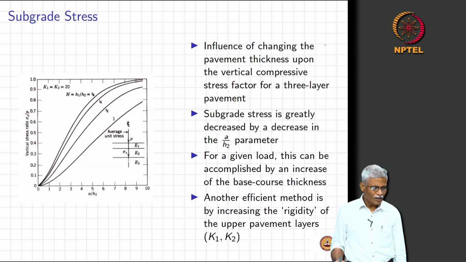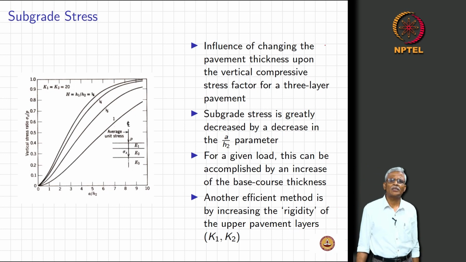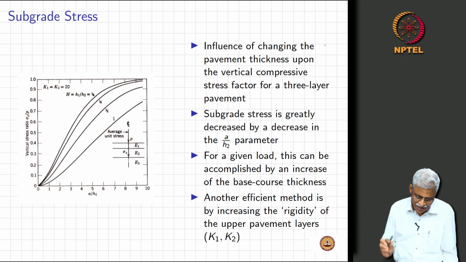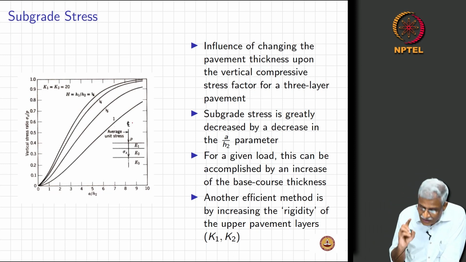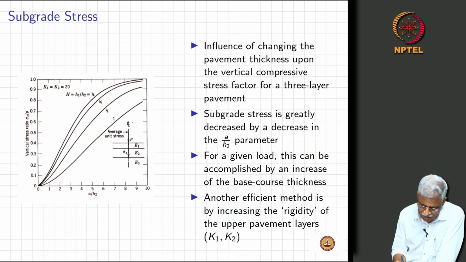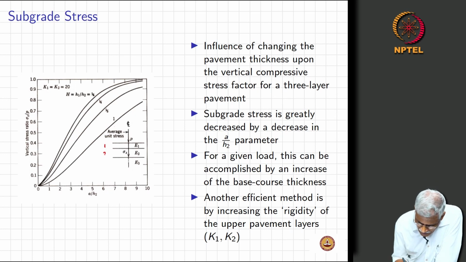Right. So let us first start talking about subgrade stress. What exactly is the subgrade stress? These are really important design concepts, so I want you to pay close attention to some of these concepts. I have a 3 layer system here: layer 1, layer 2, layer 3. This is the average unit stress given by P, with E1, E2, E3.